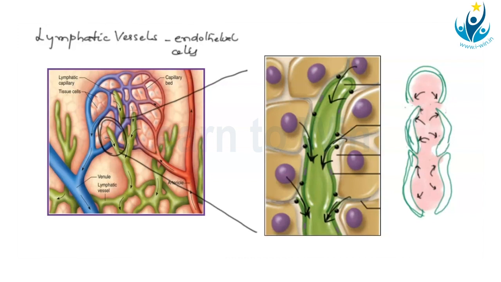Because of the pressure, they will straighten up and close like this. The same thing will happen at the top, and the same thing here. They get straightened and closed. So now the entire capillary is closed and the fluid will not ooze out. The flaps are open to allow the fluid inside, and once inside, due to the pressure, the flaps of the endothelial openings close and the fluid remains trapped in the lymph vessel.